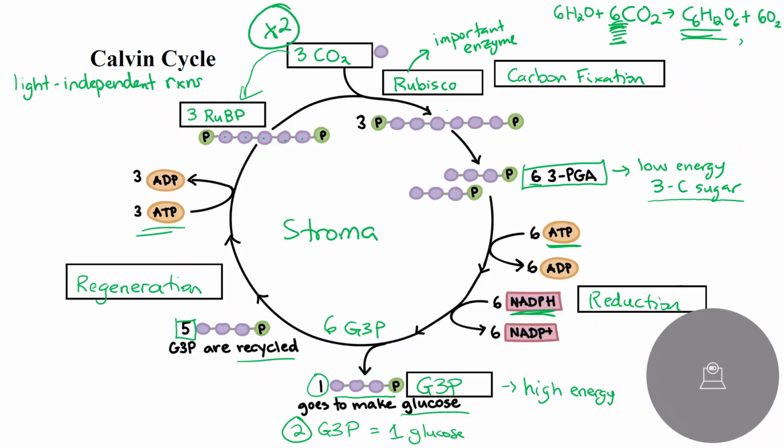So the other question that we have to ask ourselves is, which steps in the Calvin cycle require energy? That will be reduction. That's a transferring of the energy to a low energy 3-carbon sugar and making it into a high energy 3-carbon sugar. And then finally, the changing from 3 to 5 requires energy. So regeneration is the other step.